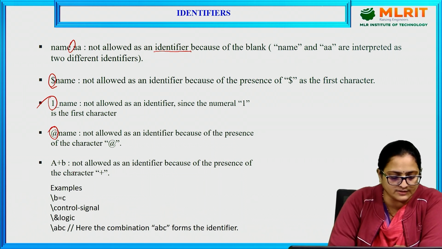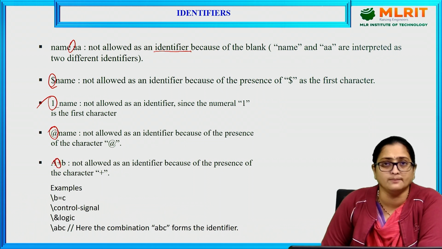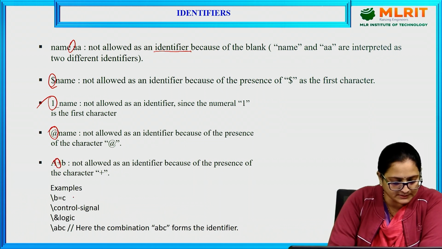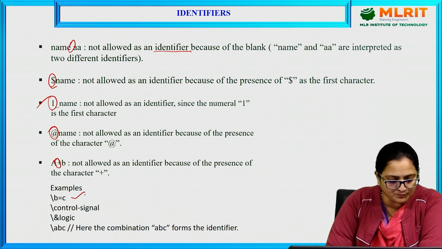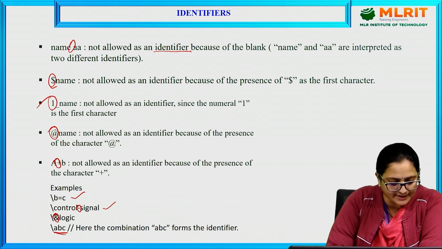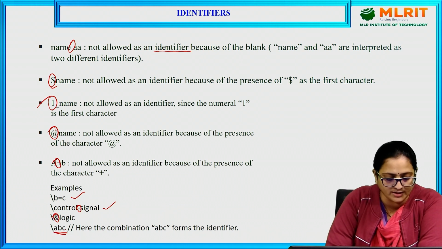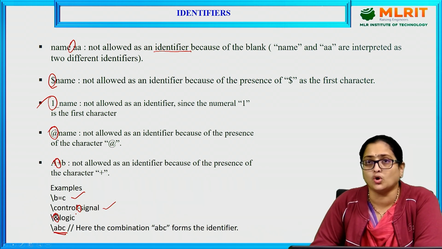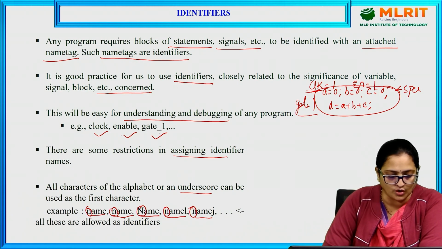And here, this is also not allowed because of the plus symbol between A and B. For example, see here, this B equals C, control signal, is not possible because of this space. And here, this is a valid identifier because it does not have any spacing or any other different symbols.